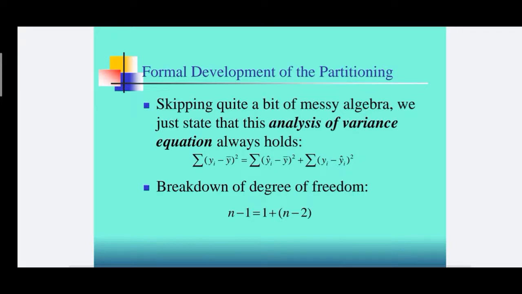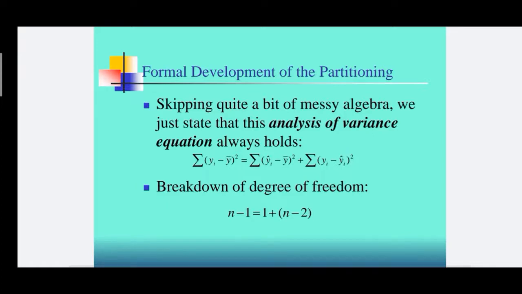So because of that, the degrees of freedom will be n minus 1. Okay, for SSE, its degrees of freedom is n minus 2, meaning 2 degrees of freedom are lost because we estimate the parameters beta naught and beta 1 from here. So that is why it loses two degrees of freedom, n minus 2.